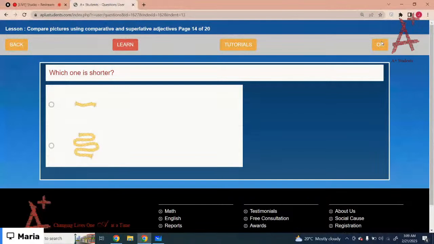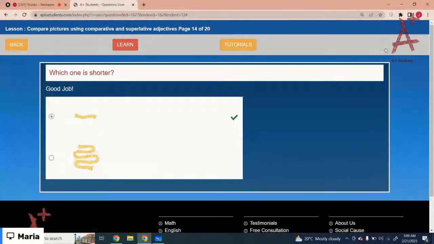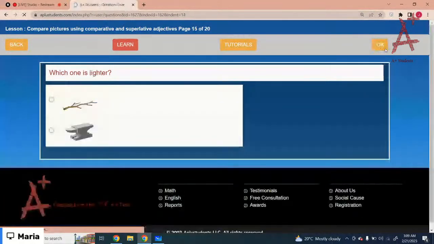The first one is shorter than the second one. Got it? Which one is lighter? So, which is lighter? Yes, the first one is lighter.